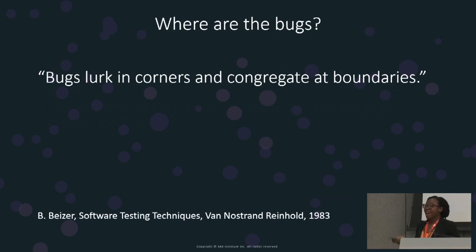Now, our goal was to find bugs. So where are those bugs? Again, we borrow a quote from Beiser that says, "Bugs lurk in corners and congregate at boundaries." Now, this quote of Beiser's implies that bugs in software testing are usually a result of incorrect implementation that involve multiple inputs and not just the individual inputs.